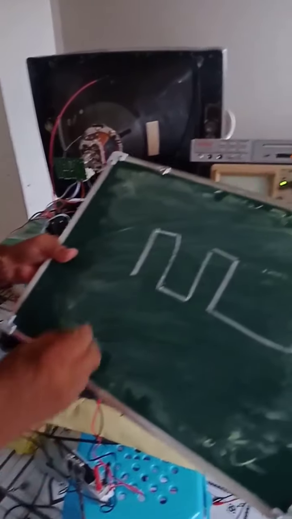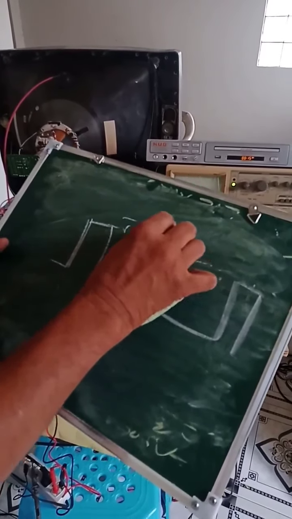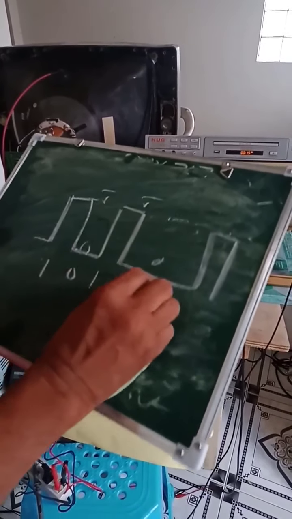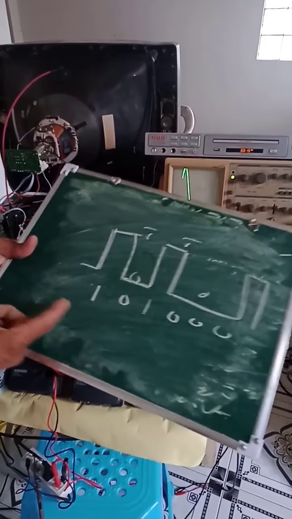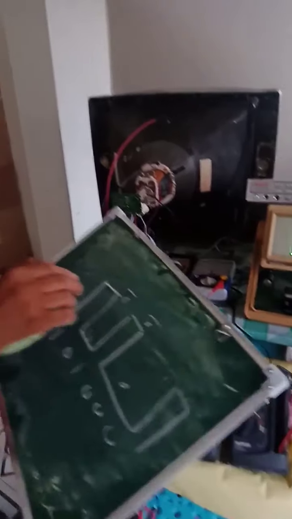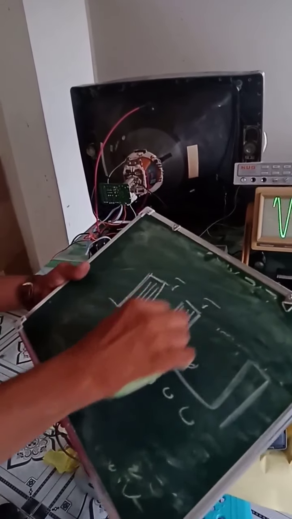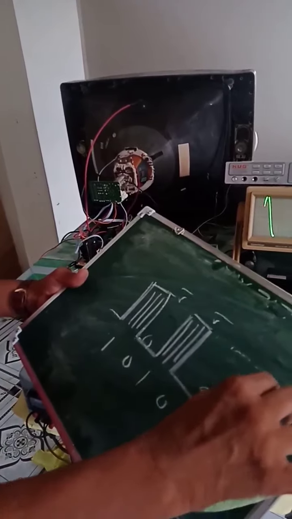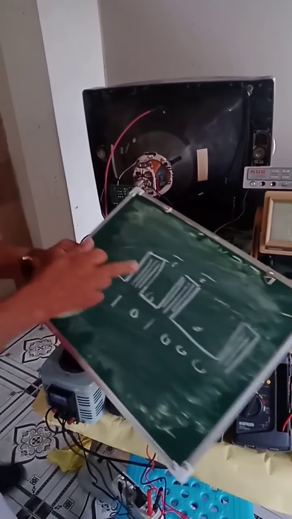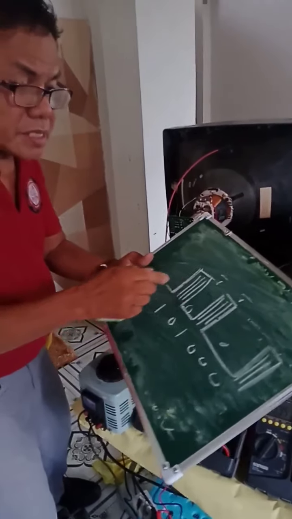We have here the pulses: 1, 0, 1, 0, 0, 0. These are the binary information being transmitted by the remote control, carried by a so-called radio frequency, a higher frequency, which is 38 kHz. So the binary information is carried by the 38 kHz.